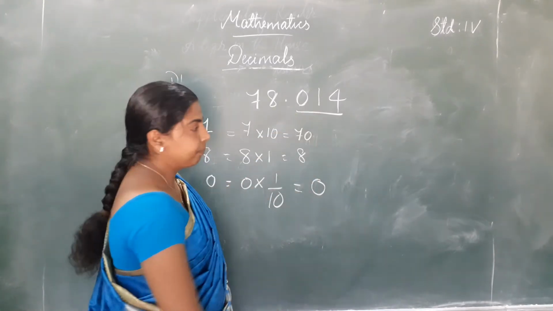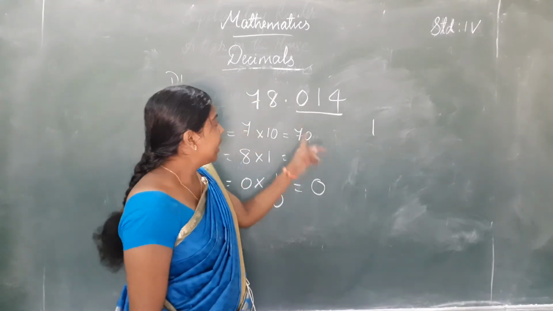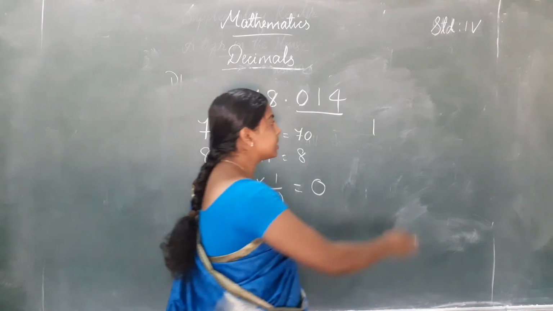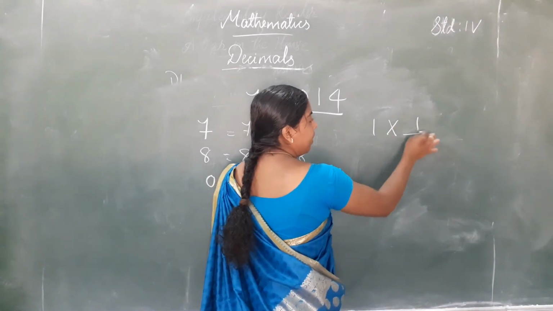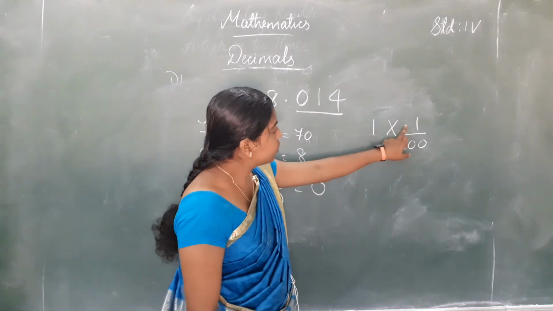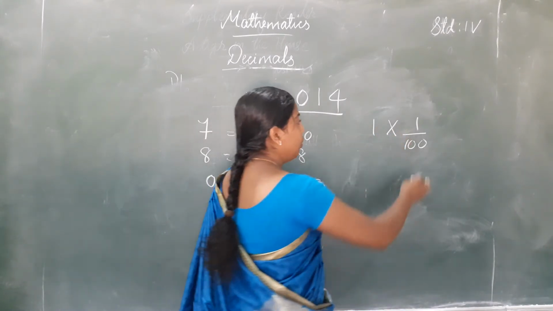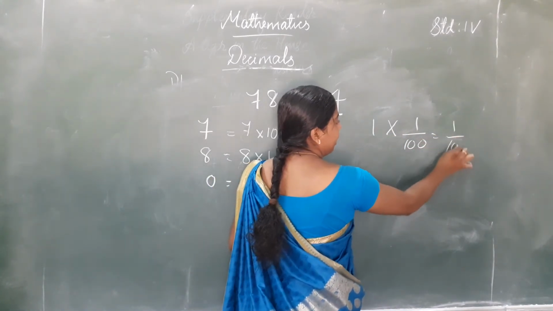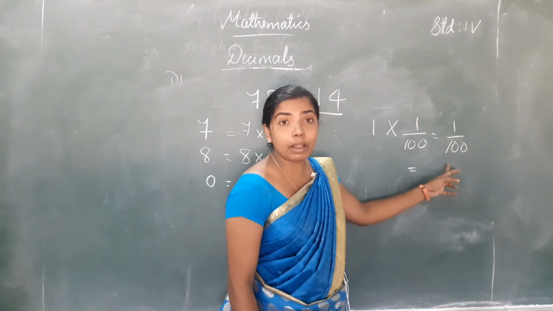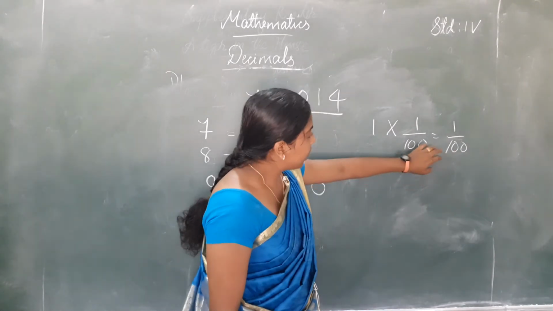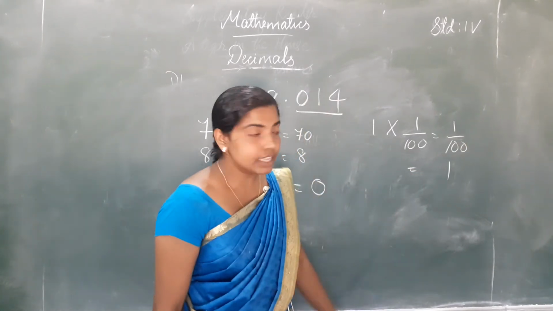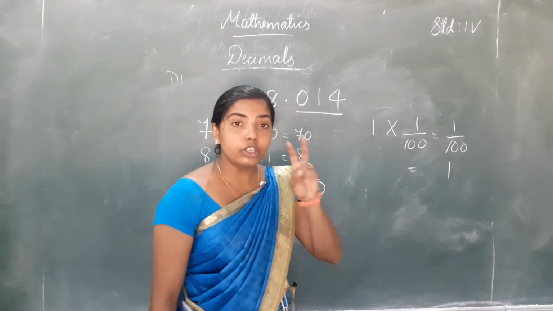Now next 1. It lies in which place? Hundredths place. So the place value of 1 can be written as 1 into 1 by 100, which is 1 by 100. Now we study how we can express this as a decimal fraction. 1 by 100: I write the numerator as it is, and how many zeros are here? 2 zeros.